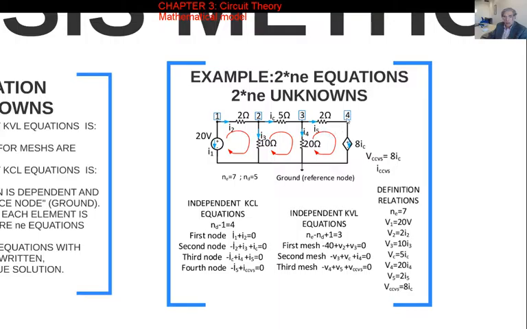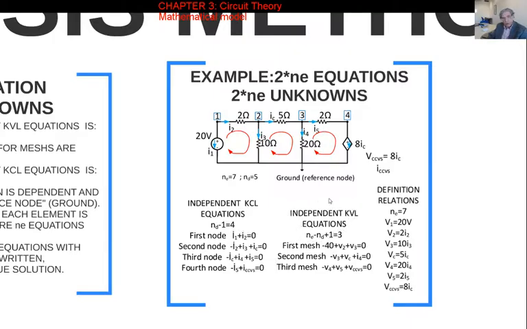The last node 4, the dependent source current, that is I_CCVS, the sign is positive because this current is coming out of the node. The other current is coming towards the node, that's why it is minus I5. So we wrote 4 Kirchhoff current law equations. This is what we expected.